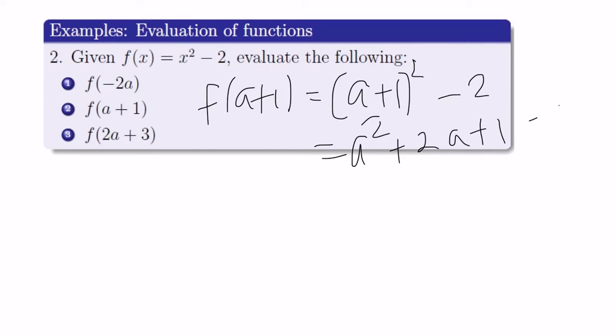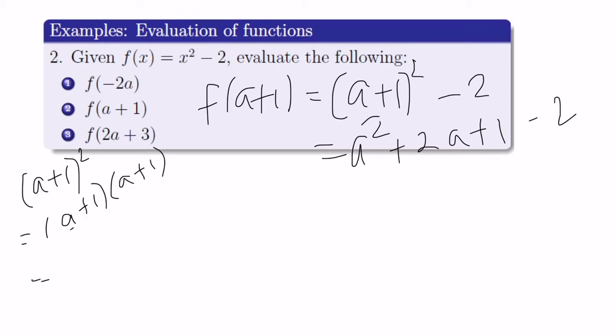Then copy minus 2. Now how did I get a squared plus 2a plus 1? You can use the square of a sum or the basic: 2 copies of a plus 1. Multiply a times a, a squared.